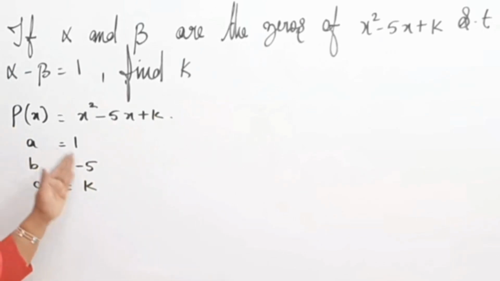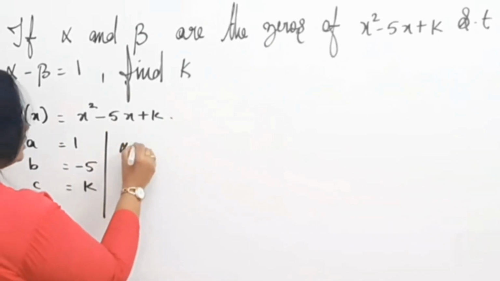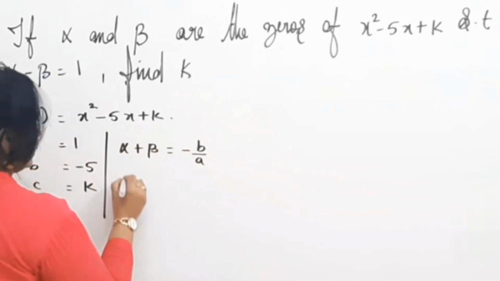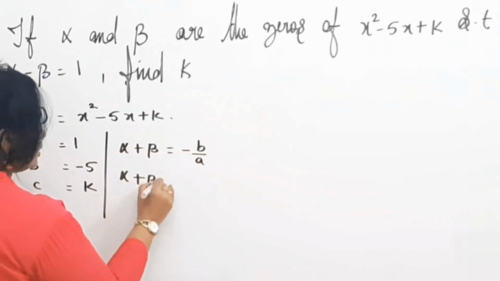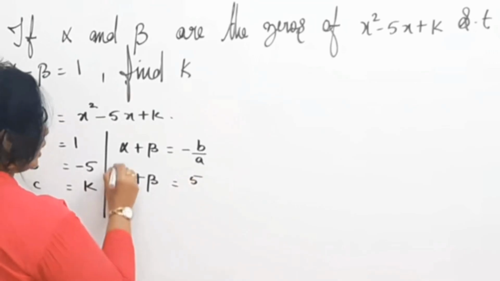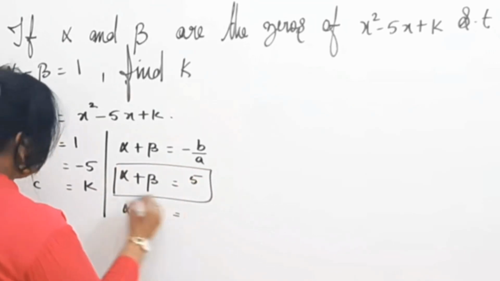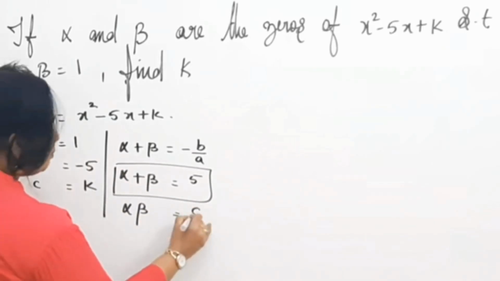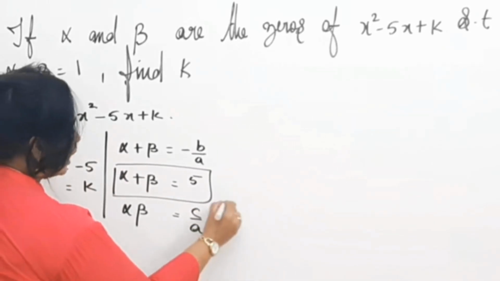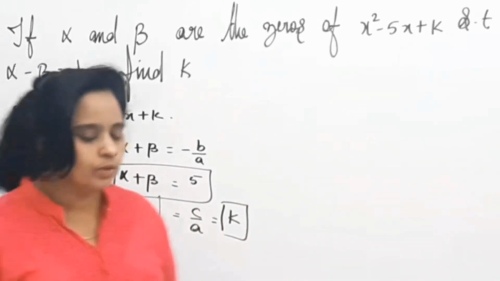So, I would write only the relation such that alpha plus beta is equal to minus B by A. I know that relation. So, alpha plus beta is equal to minus of minus 5, that is 5. So, I got my alpha plus beta is 5 and alpha beta is equal to C by A, which is equal to k by 1. So, that also I got it. That is alpha beta is equal to k.